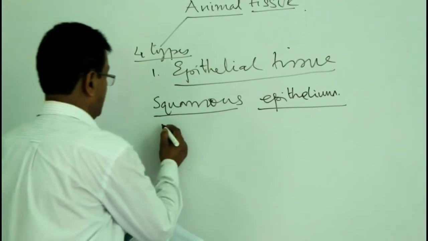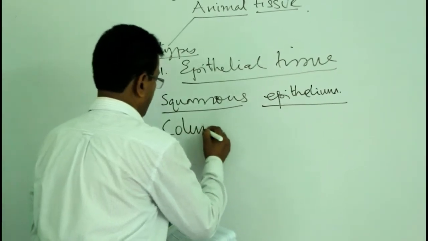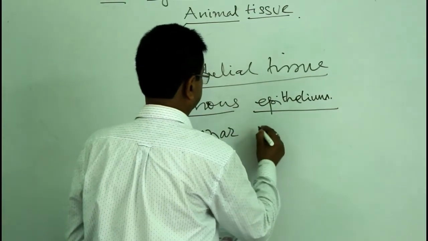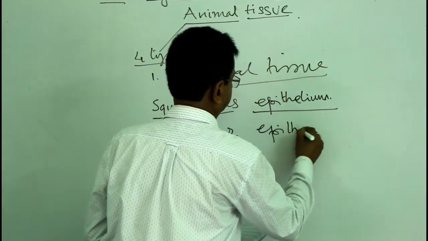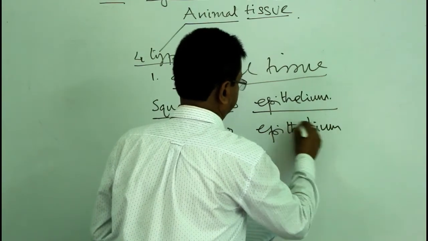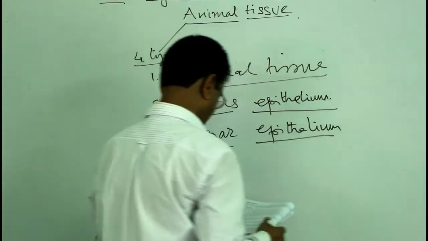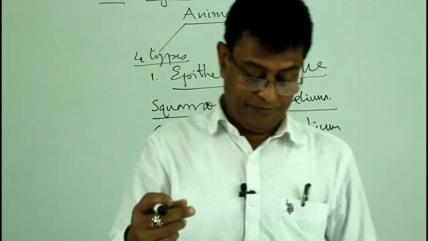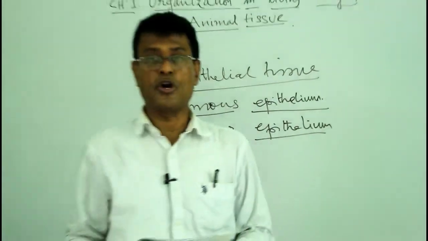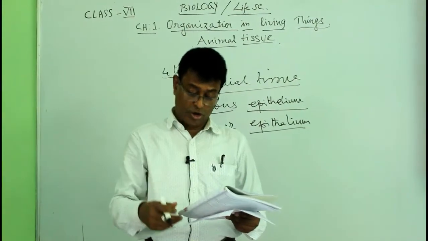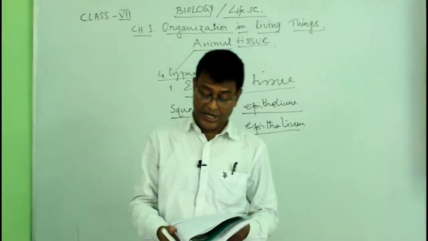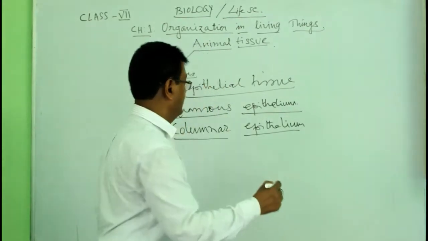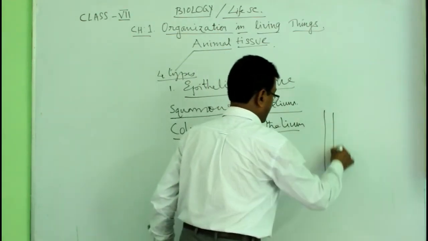Second one is columnar epithelium. The cells of these tissues are taller than they are broad, and they are arranged side by side like columns.